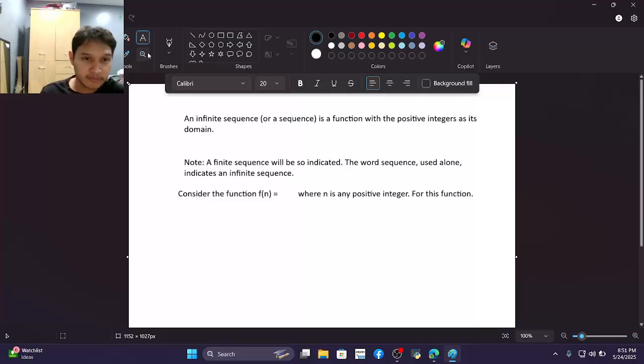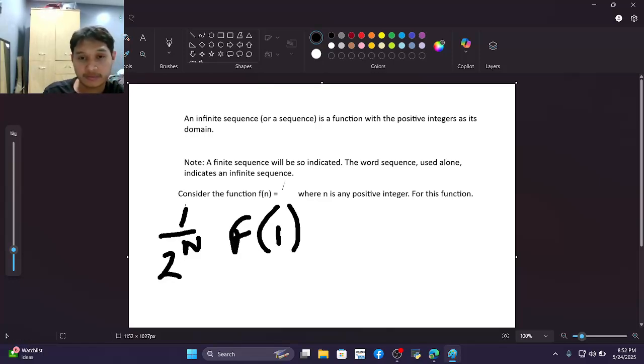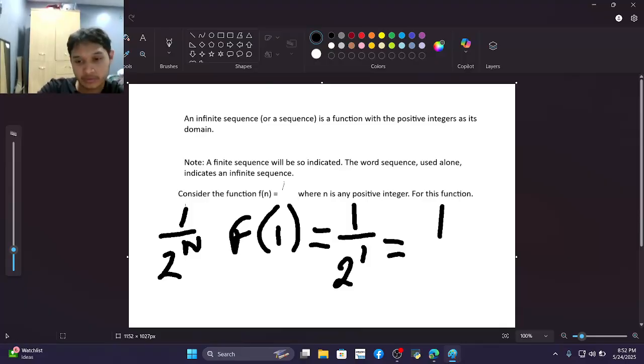Consider the function 1 over 2 to the n, where n is any positive integer. Remember that we are adding infinite numbers, so we're doing 1, 2, 3, 4, 5. So let's see what we get. F of 1 will be 1/2.